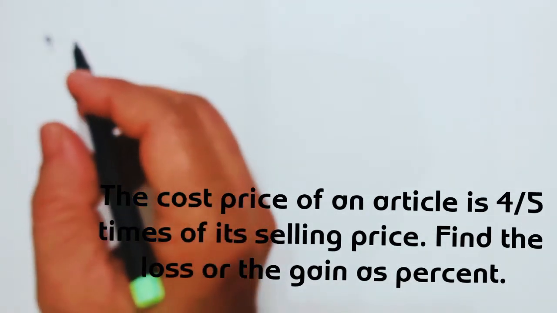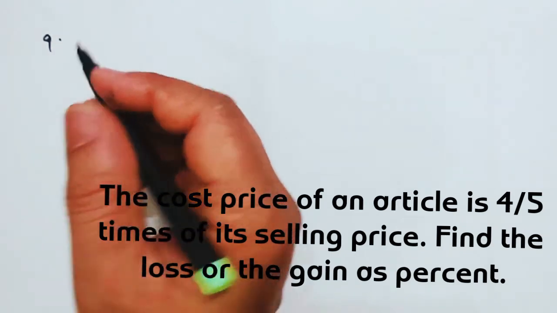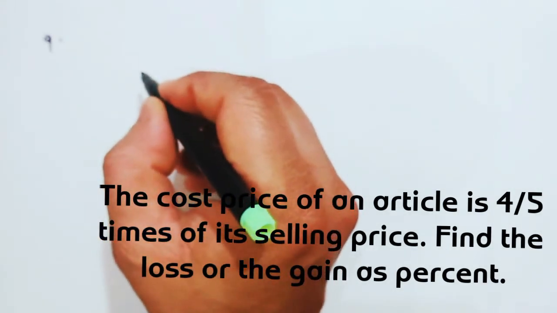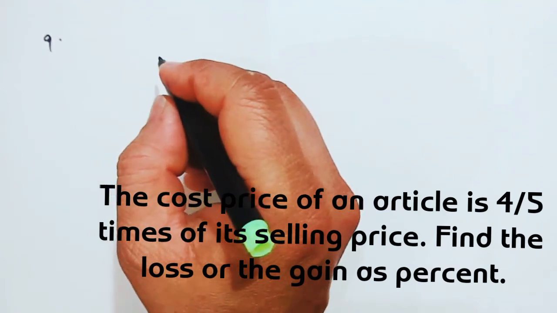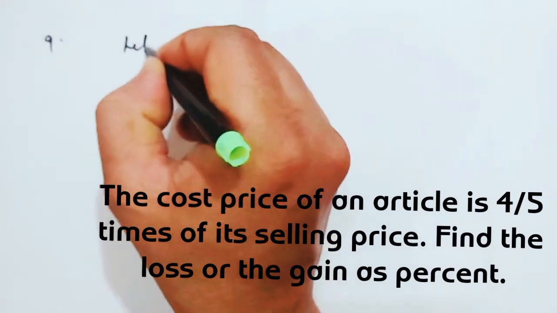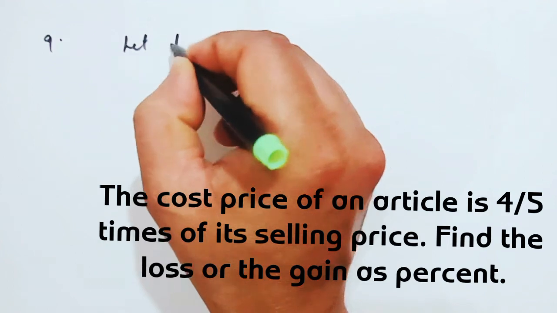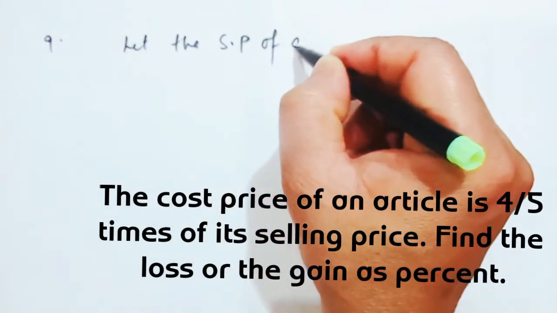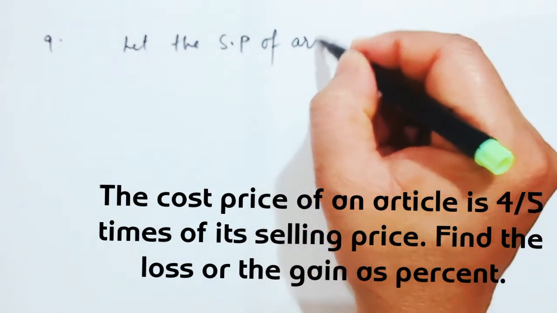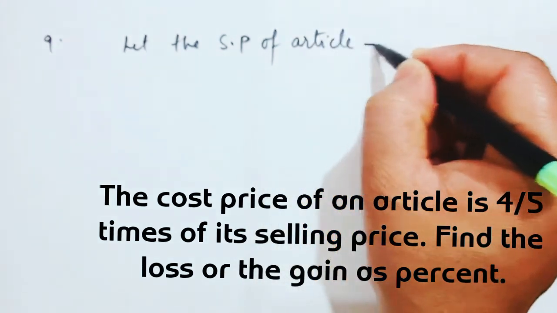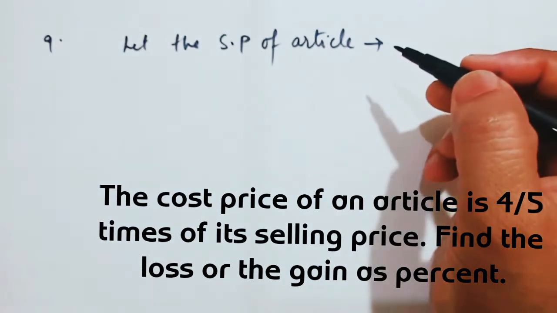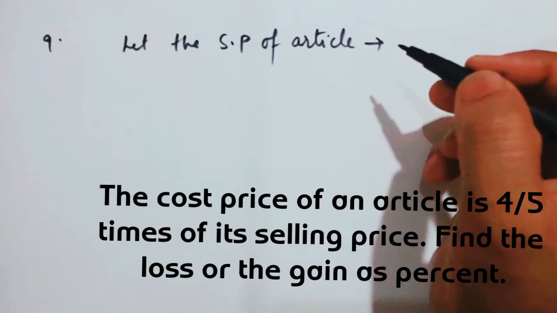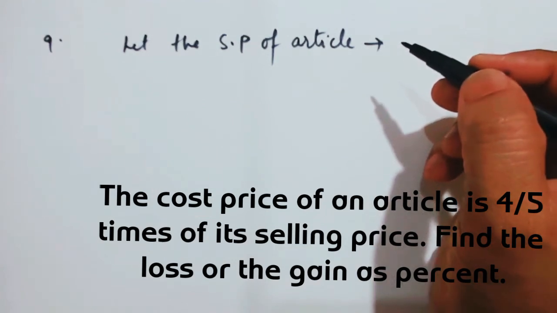The cost price of an article is 4 by 5 times of its selling price. So let its selling price be 100. Number 9: the cost price of an article is 4 by 5 times of its selling price.